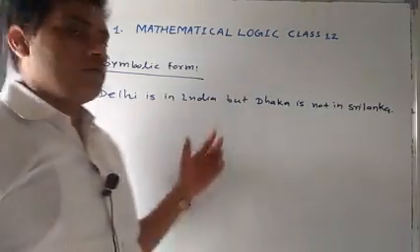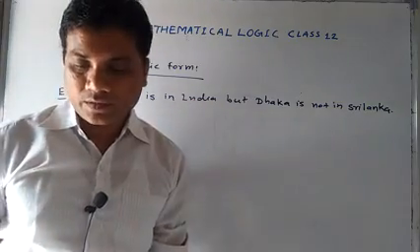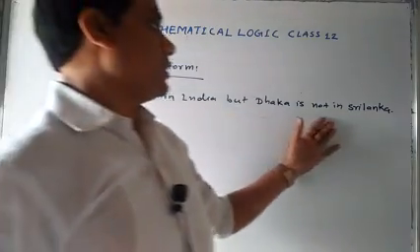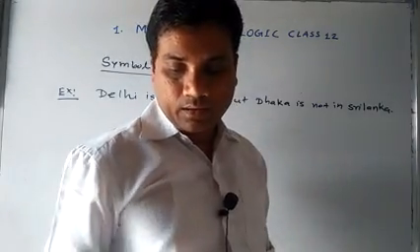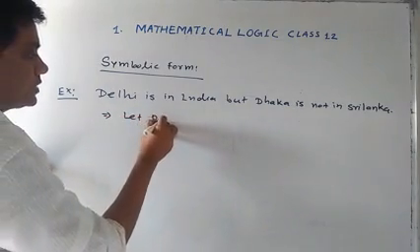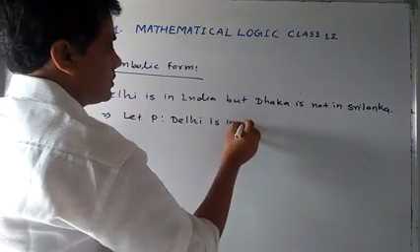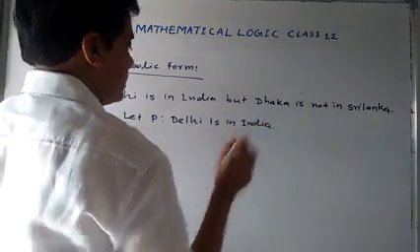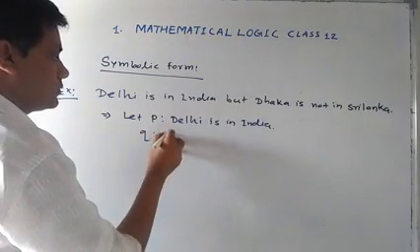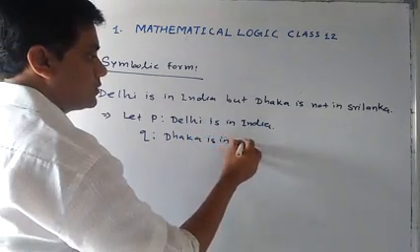Now we see how to express a compound statement in symbolic form. Here the statement is: Delhi is in India, but Dhaka is not in Sri Lanka. Let P be the statement Delhi is in India, and Q the statement Dhaka is in Sri Lanka.